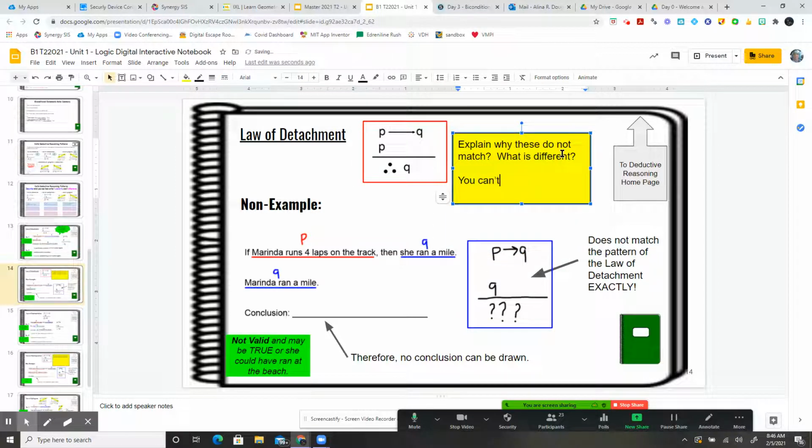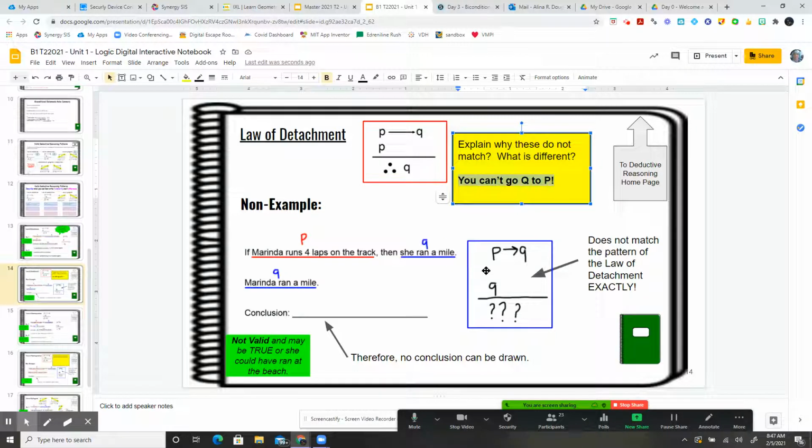You can't go Q to P. Exclamation point. Bold that. Okay. You cannot go from Q to P. The pattern is P to Q, not Q to P. You've got to start with the hypothesis and then you can give the conclusion.